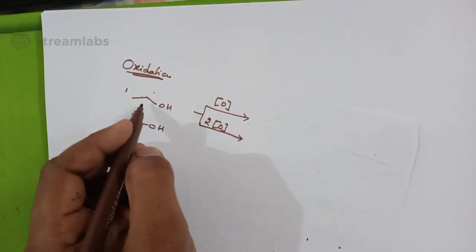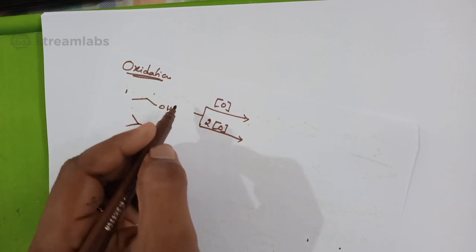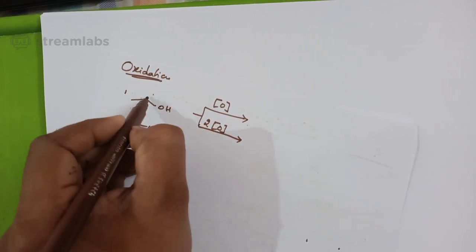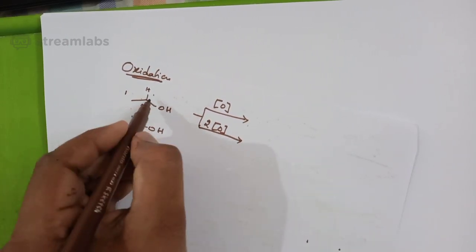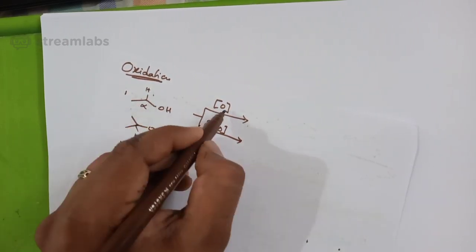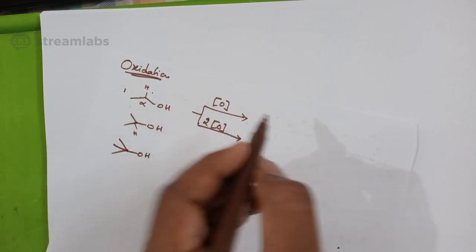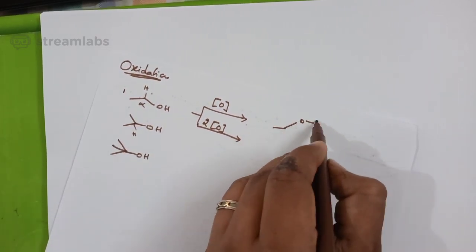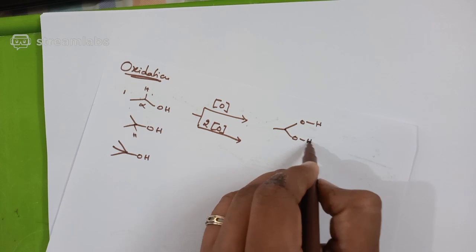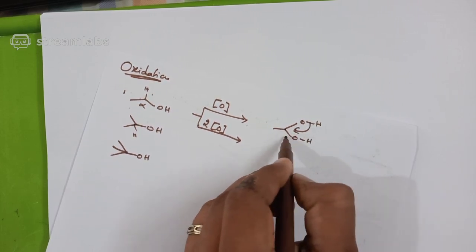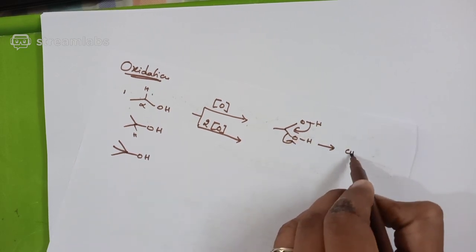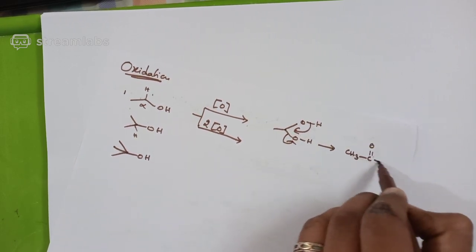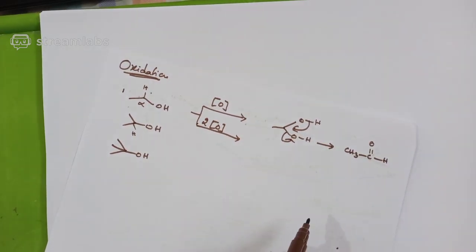Now if I use primary alcohol, this carbon is alpha, right? Hydrogen is there. So whenever the alpha hydrogen is there, this oxygen is easily inserted here and forms OH. Whenever a carbon has two OH groups, immediately H2O is removed, and the final answer is CH3CHO. We get an aldehyde.